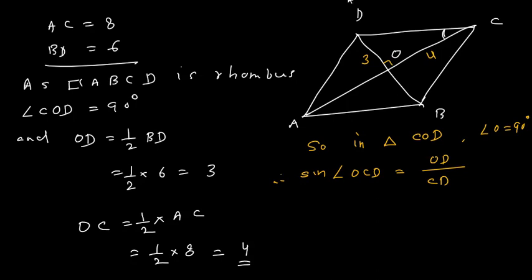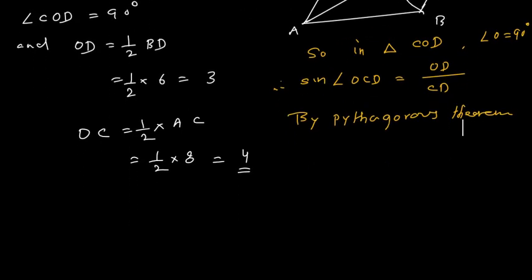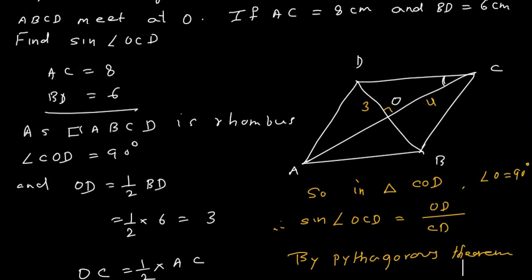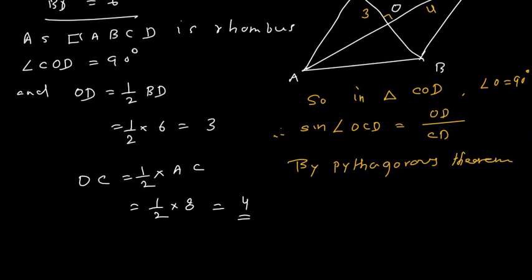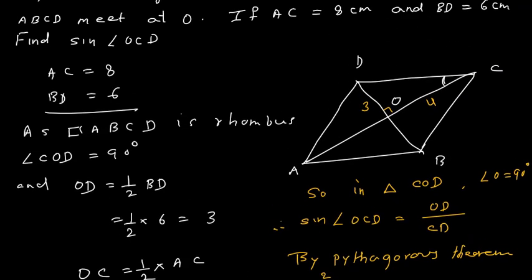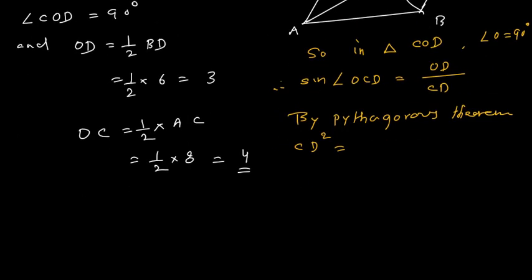Okay, so what we will do is use the Pythagoras theorem. By Pythagoras theorem, CD square is equal to OD square plus OC square.